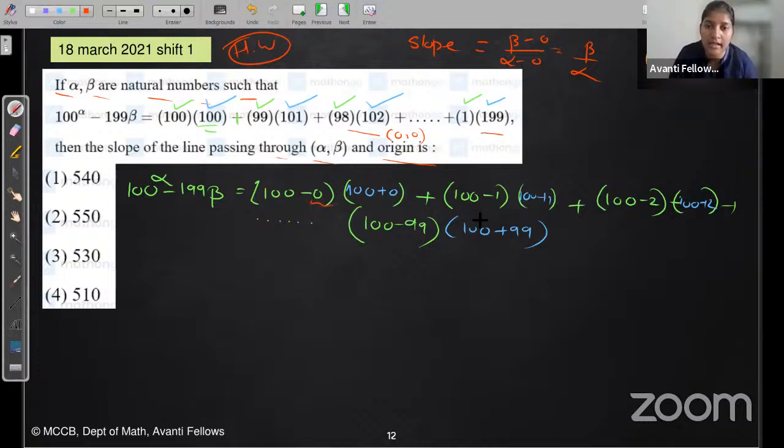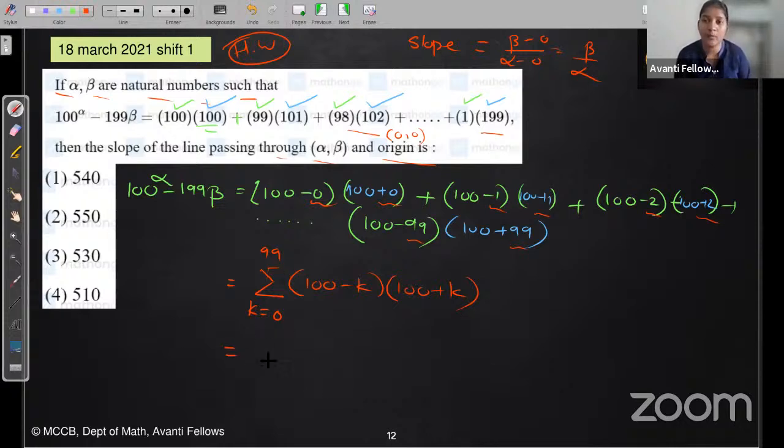These terms are varying, right? 0, 1, 2, so on up to 99. So here the hundreds are constant, but the varying terms are 0, 1, 2, 3 up to 99. So how can I write it? I can write it as summation k varying from 0 to 99, (100 minus k) into (100 plus k), right? Correct? I can write like this.